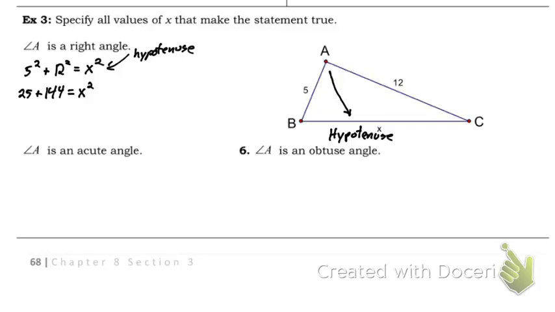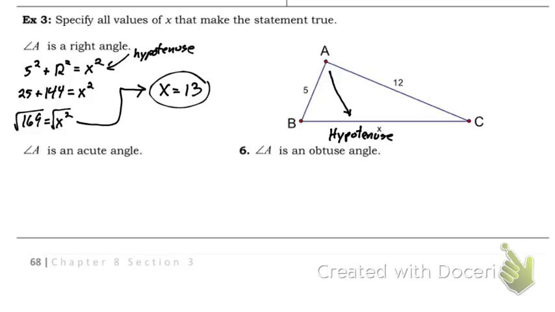Then that's going to be 169 equals x squared. I would take the square root of both sides to get rid of that square, and we're going to come out to x has to equal 13. In order for this to be true, x has to equal 13.